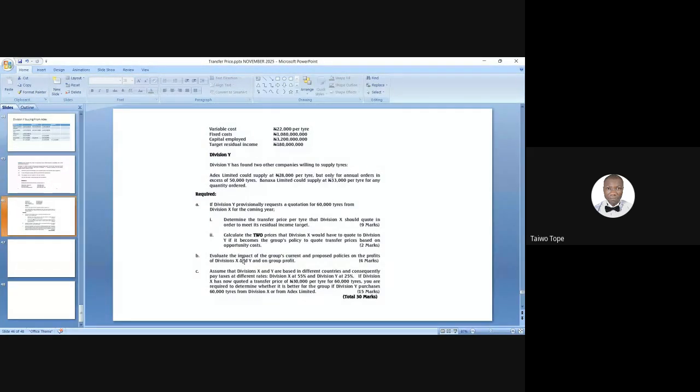The policy judges performance on the single measure of profitability.